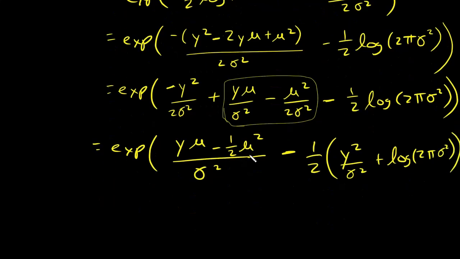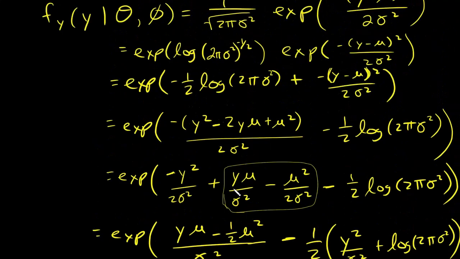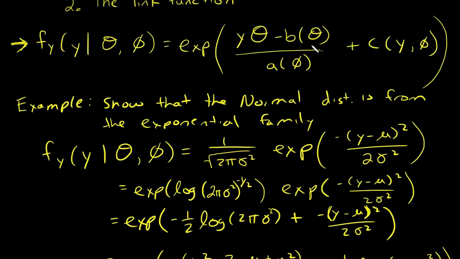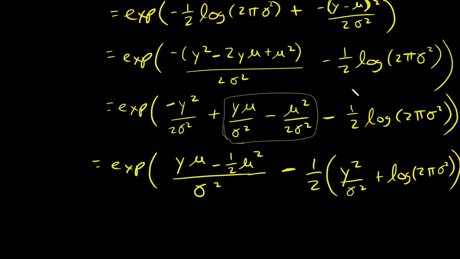All right, now that I'm here, I'm starting to get really similar to what I see up here. So let's go ahead and formally write that θ is going to be equal to μ, and φ is going to equal σ squared. And let's rewrite this.